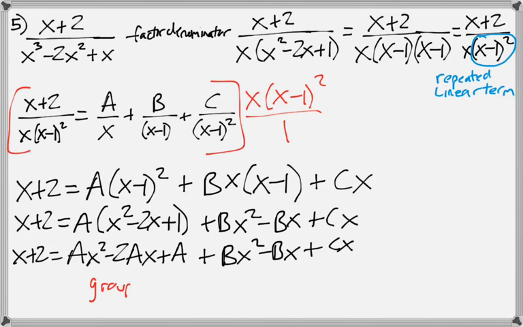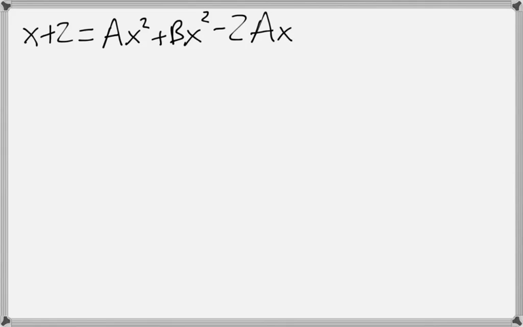So I want to group my x squared terms together, my x terms, and then any terms that don't have an x. So I'm just reorganizing my terms. And I'm doing this because now I can factor.